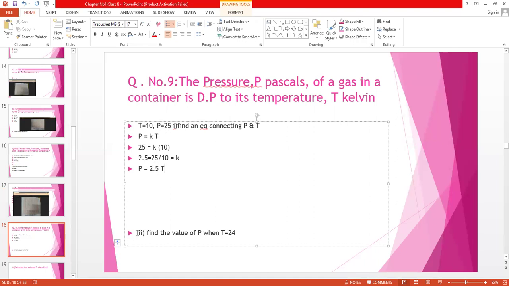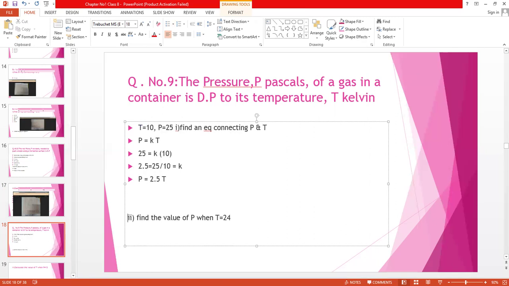Now we come to the second part. In the second part, first, again, I have to copy this connecting equation because we require it in all the parts. So they are saying find the value of P. P we have to find, and the value of T is given, that is 24.